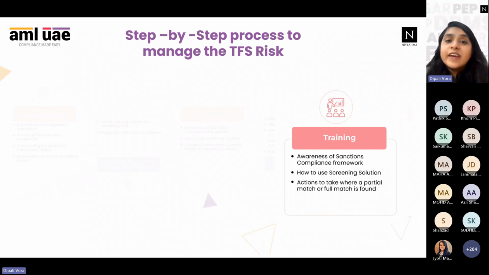So training is very important with respect to the software. It's not enough to get a software, screen, and just say that yes, we are doing screening. No, that is not the case.